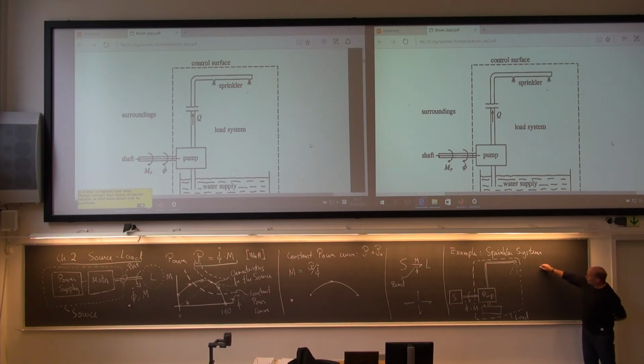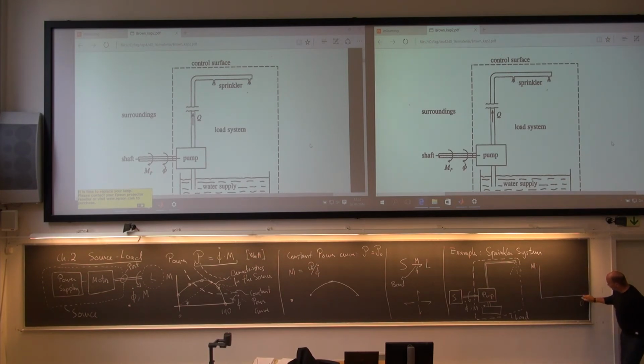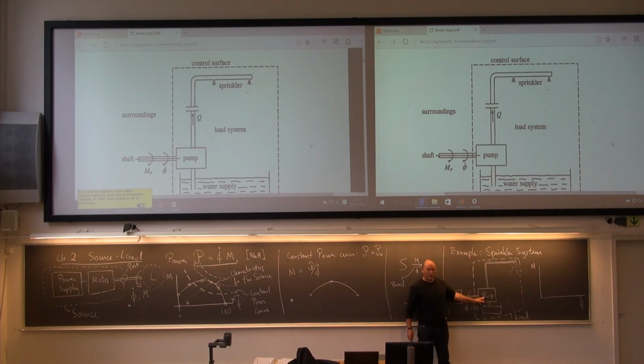That should also be possible. And then we plot our data in the same diagram: torque versus rotational speed. And now we are talking torque and rotational speed for this axis entering into the pump. So here is our sort of input into the load, into the system.